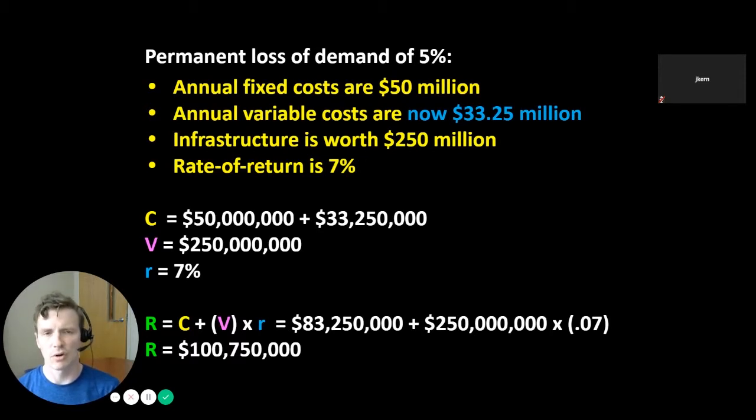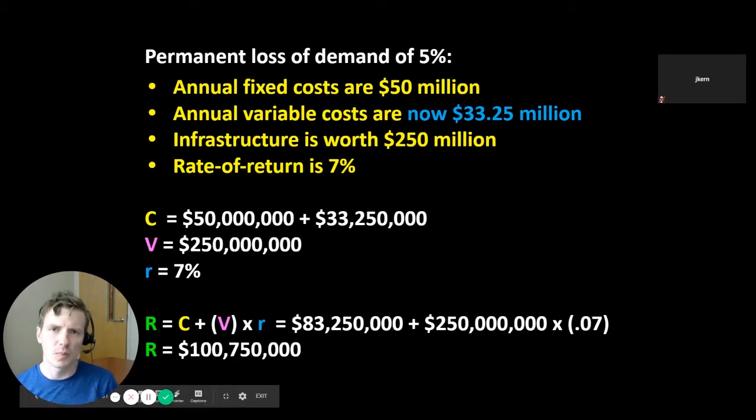We still have fixed costs of 50 million, but the variable costs are a little bit lower. And so total C equals $83,250,000, so a little bit lower. The infrastructure that the utility makes is the same. It's $250 million, and the targeted rate of return for customers is still the same as well, 7%.